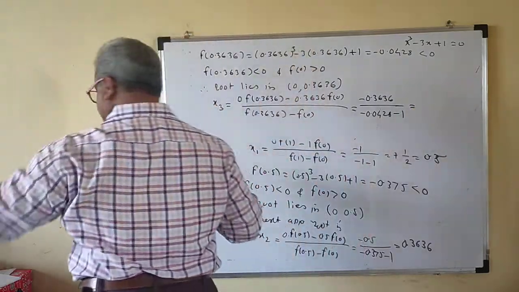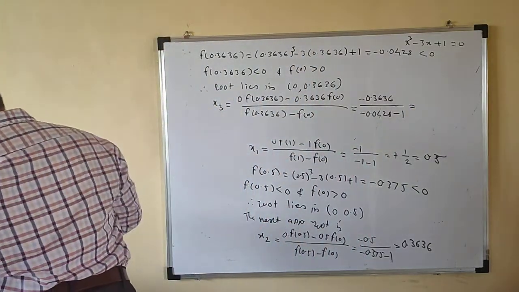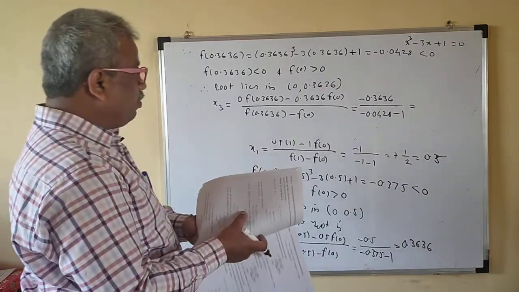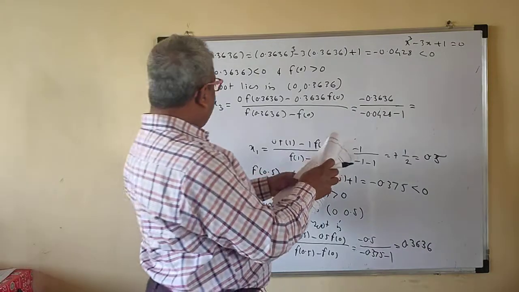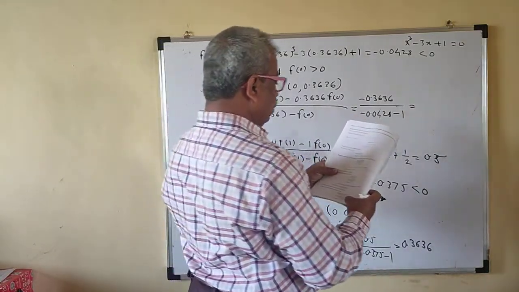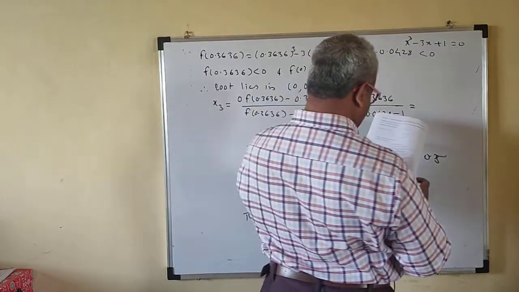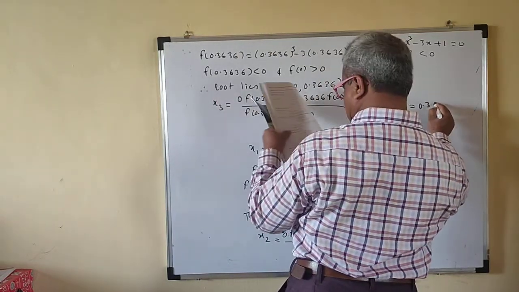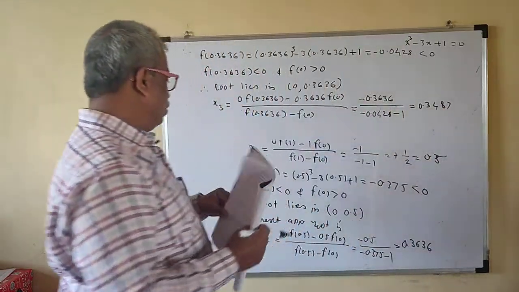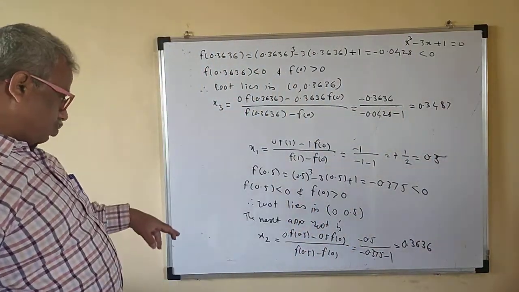So this value will be positive now, because all are negative here. So this value will be 0.3487.